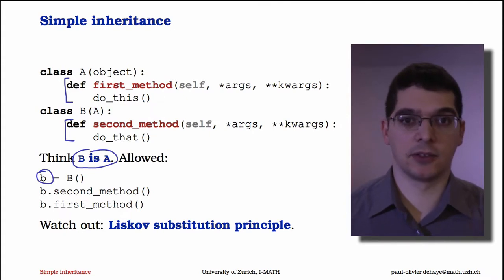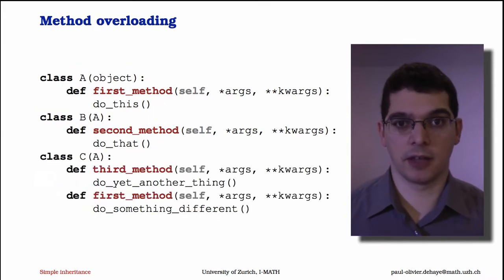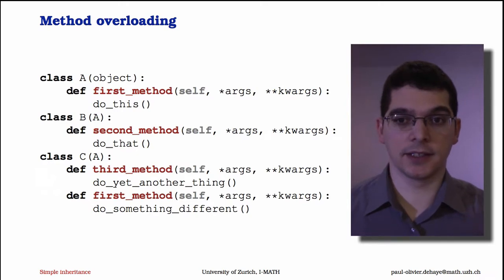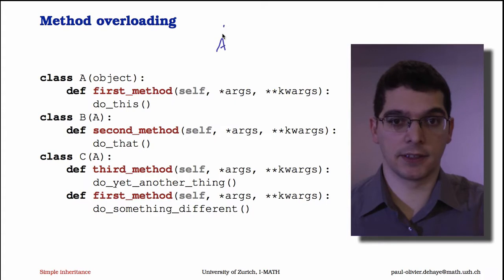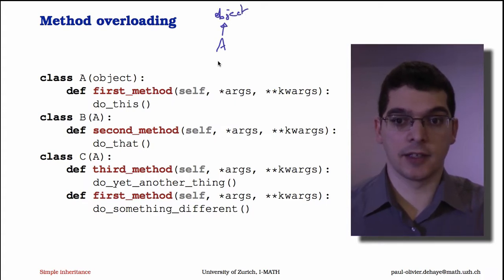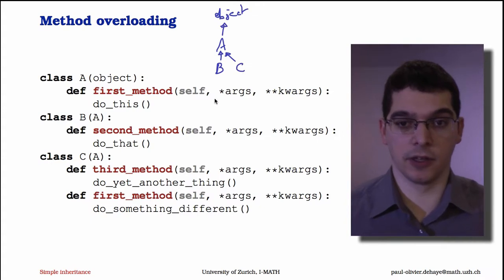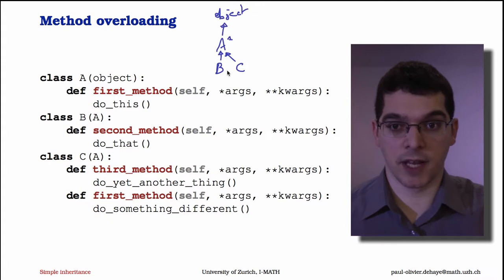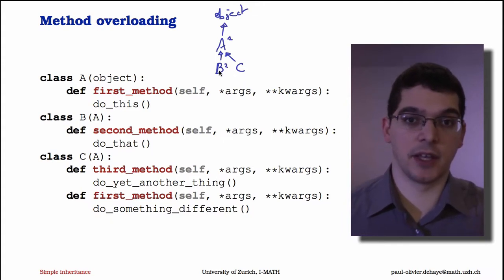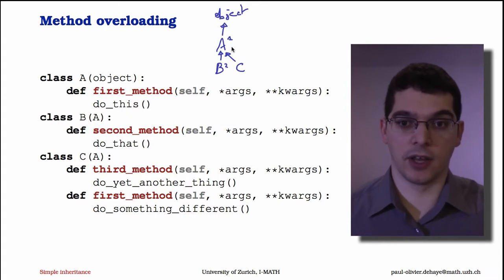This immediately leads to another concept, which is called method overloading. In this case, A inherits from object, and I'll start drawing arrows for this. So A inherits from object, and B inherits from A, and C inherits from A as well, but not from B. Now, A has a first method, B has second method, so we just saw that instances of B have access to second method and first method.